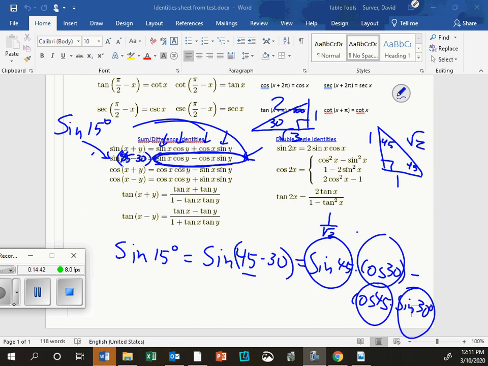Cosine is adjacent over hypotenuse. So here's my 30. Root 3 over 2. And that doesn't need a common denominator. It's getting multiplied. The point is that the other two that we do, I'll do these in red, they'll also have the same denominator of 2 root 2.